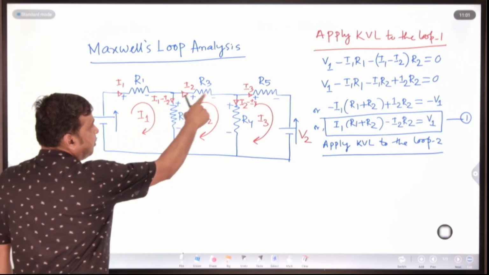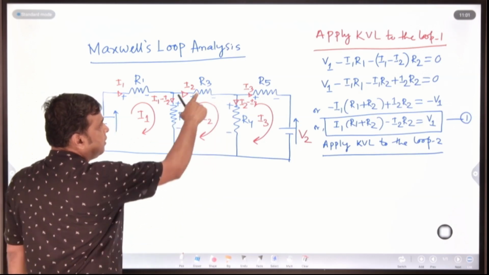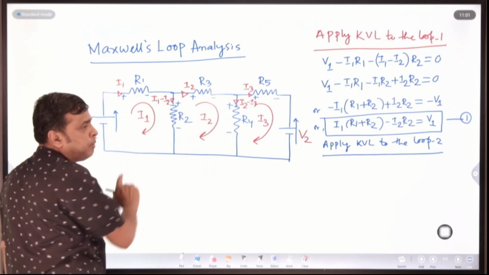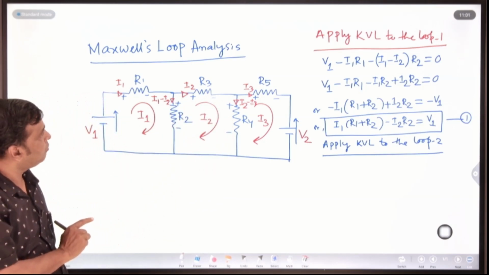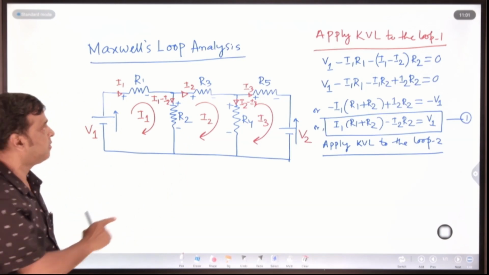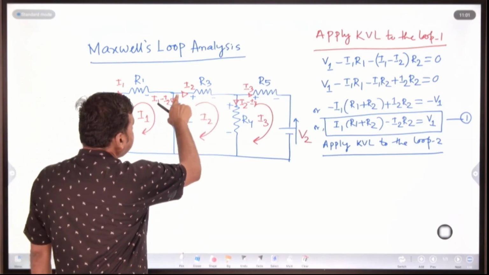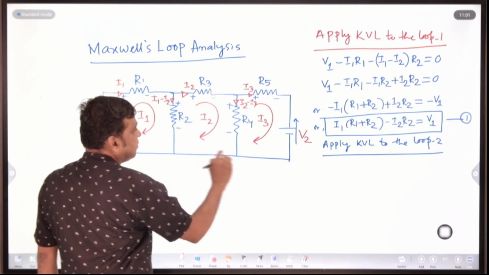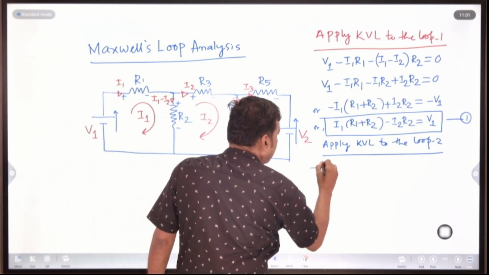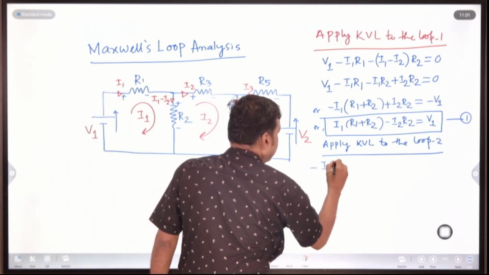So in loop 2 there is no voltage source, only there are 3 resistances. You should multiply the current flow with that resistance. If you move from here, plus to minus, minus I2 into R3.